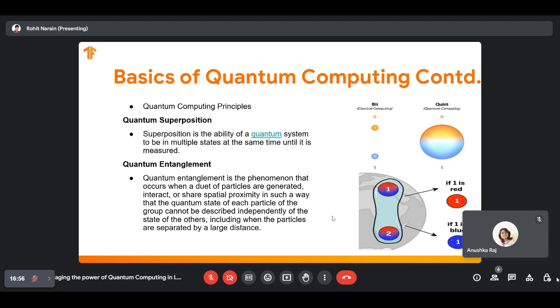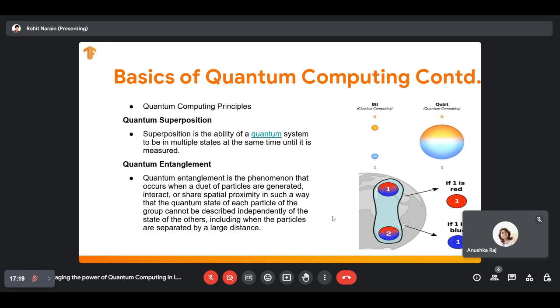If one particle has a value according to quantum superposition, the other's state can be the reverse of that first state. So if one atom has a value of, for example, 1, the second atom on the other end has the opposite value. This is called quantum entanglement.